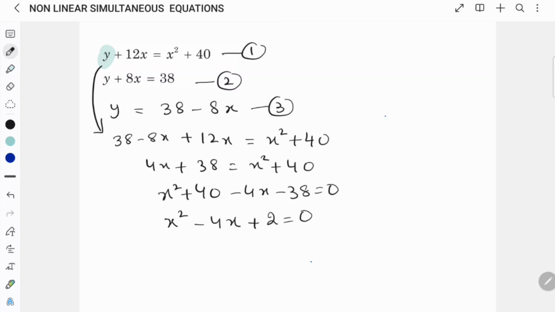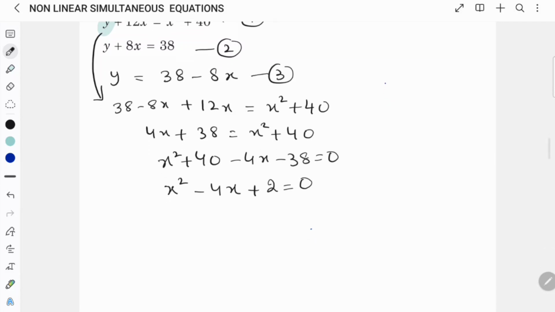What do we do? We just have to use the quadratic formula, x equals minus b plus minus square root of b square minus 4ac upon 2a. Okay, a is 1, b is minus 4, and c is 2.